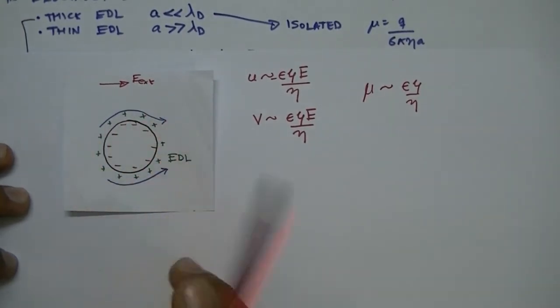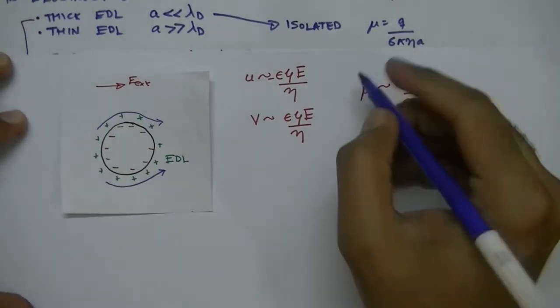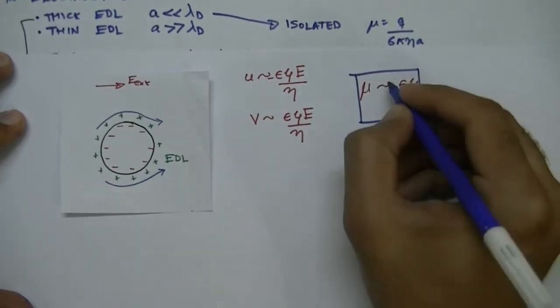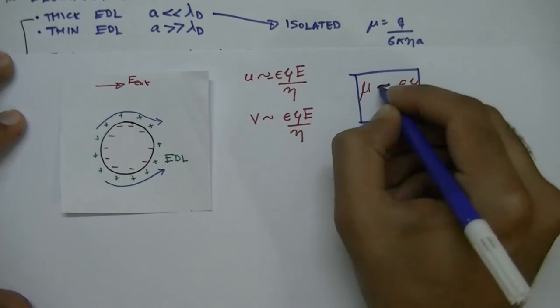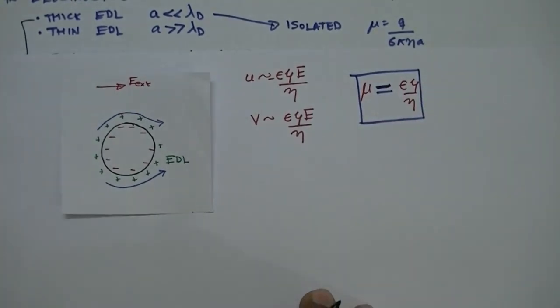So the motion of this particle is actually due to this electro-osmotic flow. We'll show that this relation is not an approximate relation for a spherical particle. This is an exact relation.